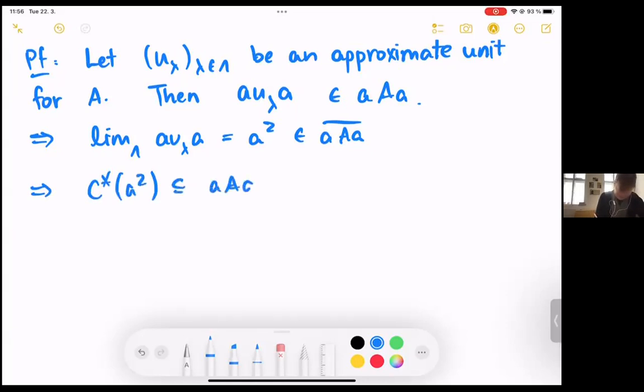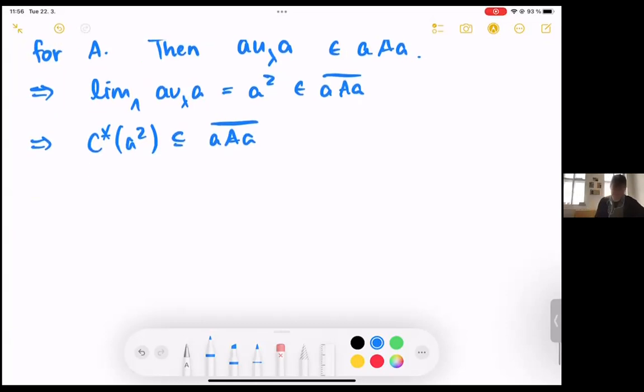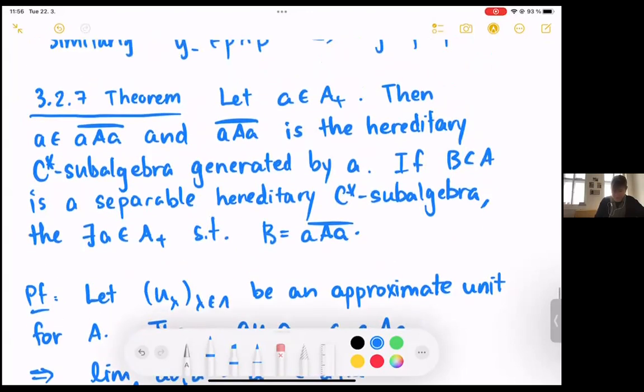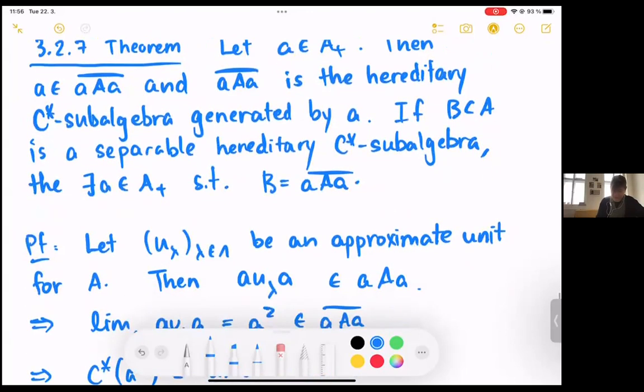Which means that the C-star algebra generated by A squared is in this closure. And by the fact that we can take square roots in here and uniqueness of the square root, we get that A is in there. So that proves the first claim.